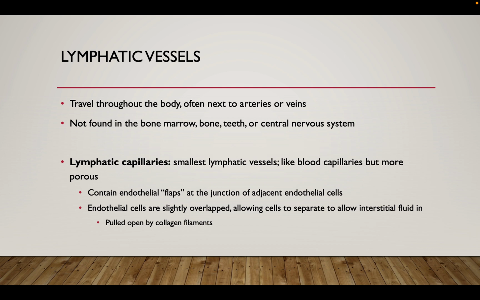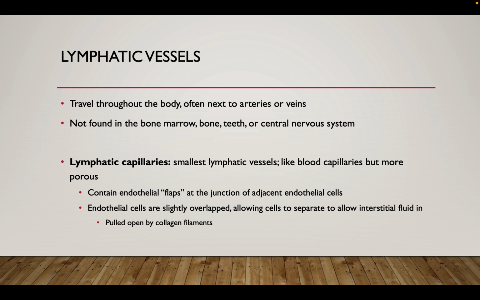You still have arteries supplying arterial blood and veins draining venous blood, but there is no lymphatic supply here. We have the lymphatic capillaries that we talked about. They're the smallest vessel, just like the normal capillaries in our cardiovascular system. They're very porous, so they're able to absorb and bring in lots of fluid from the surrounding areas.